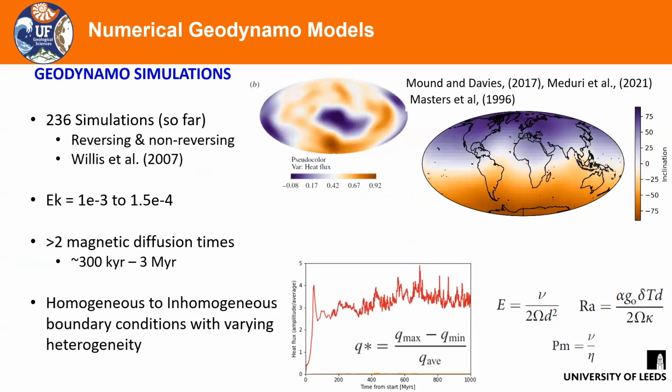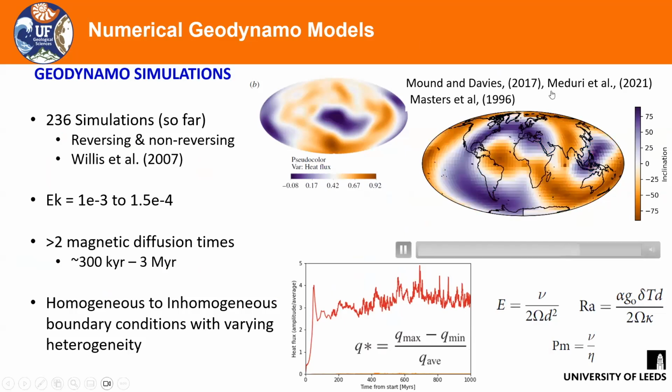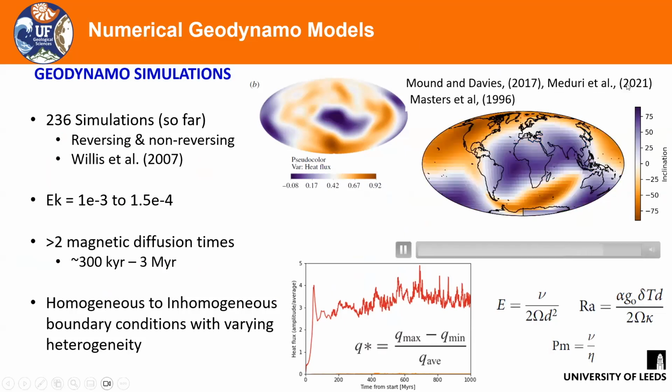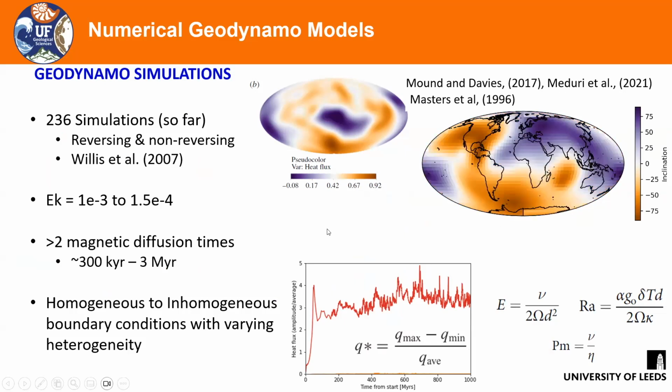For the geodynamo simulations, we are using the code of the University of Leeds. We are using the exact setup of Mound and Davis 2017, Mound et al. 2021, and some of those models have also been shown in Sprain et al. 2019.